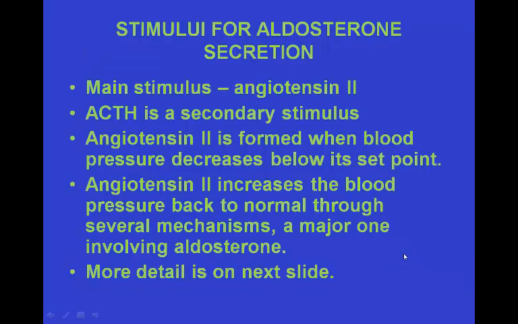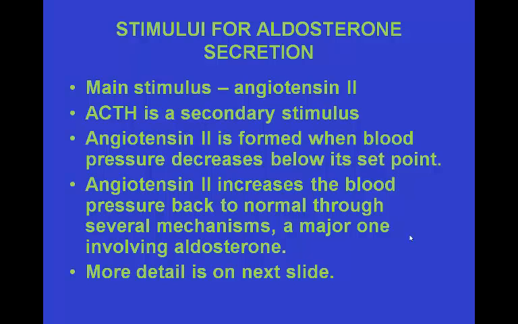Now you may think that I'm going to tell you that the main stimulus for aldosterone secretion is ACTH. And ACTH is a stimulus. If you look on the second line, the second bullet point, it tells us ACTH is a stimulus for secretion of aldosterone, but it's not the main stimulus. The main stimulus is another hormone called angiotensin II. I'm looking at the third bullet point now.